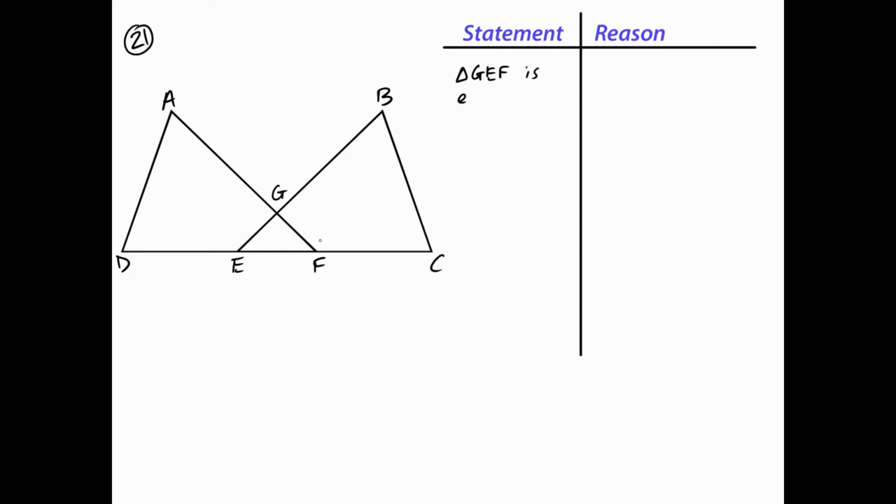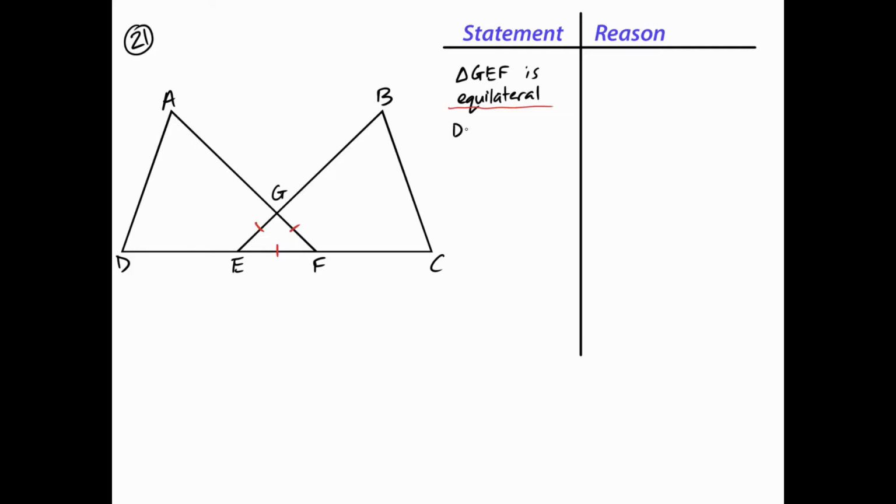Now, I know it doesn't look like that, but equilateral means every side is the same length. So if I'm going to go ahead and mark that idea, that guy, this guy, and this guy have to be the same length, so they all get the same tick mark.